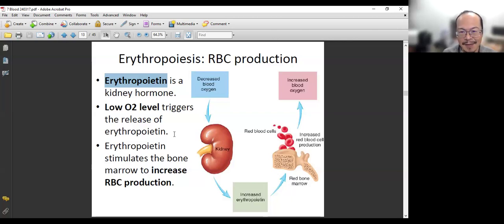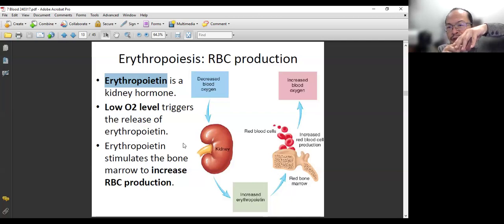It's because the kidney doesn't really use that much of the blood, but there's a lot of blood going through. It's a high traffic area. The kidney's function is to clean the blood. So if your blood oxygen level is low, it senses it.